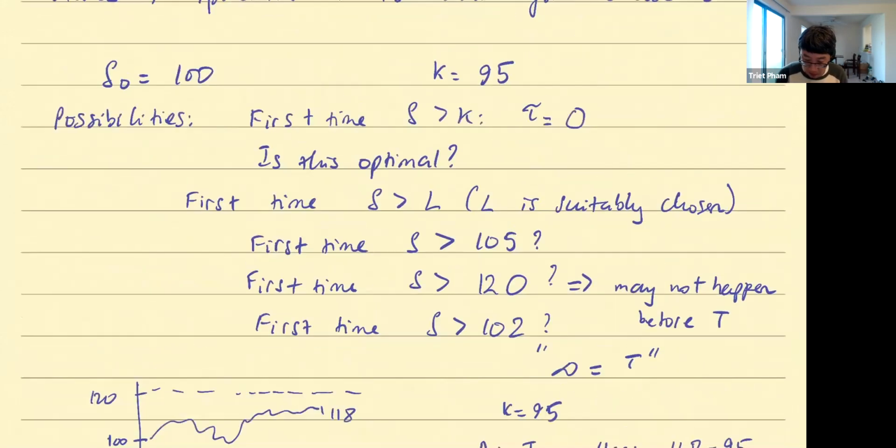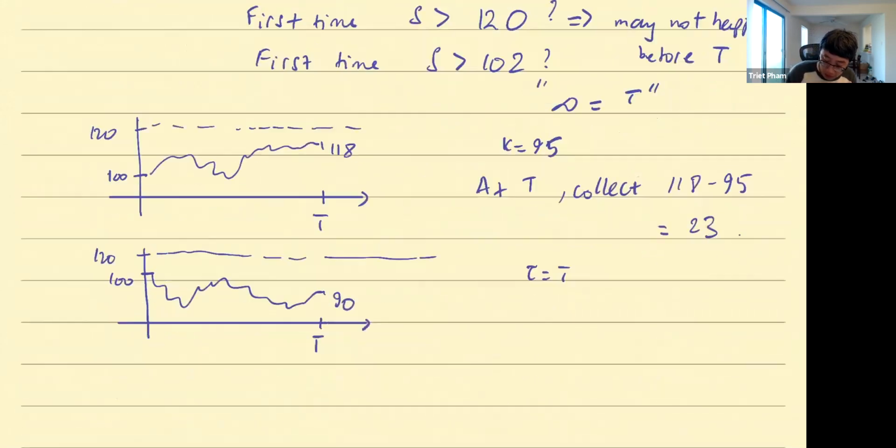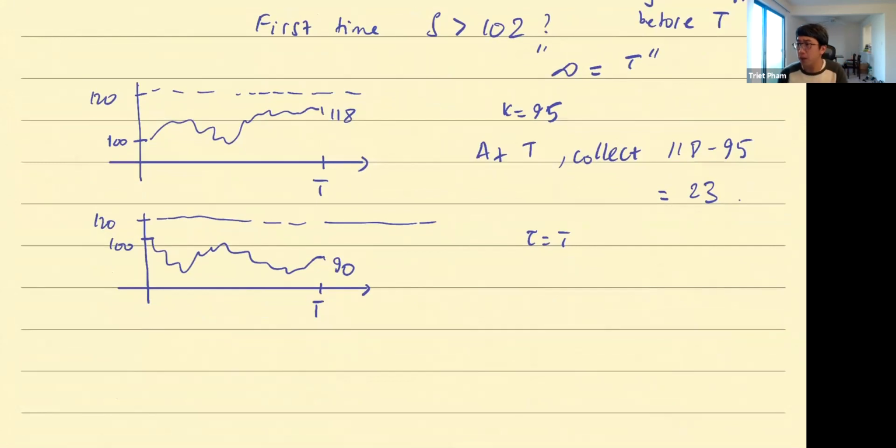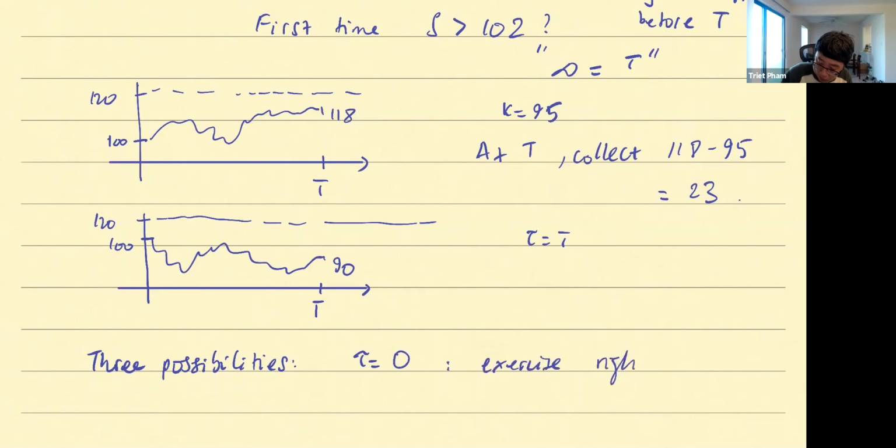I think that's enough thought experiment. But basically, I guess there are three big possibilities here. Tau equal to 0. That means you exercise right away. That's possible. Tau equals t.